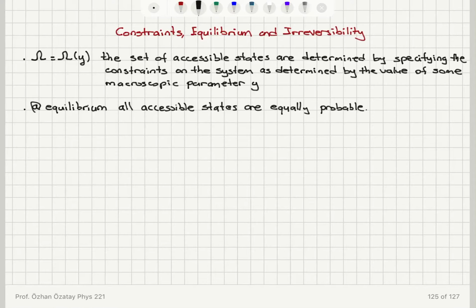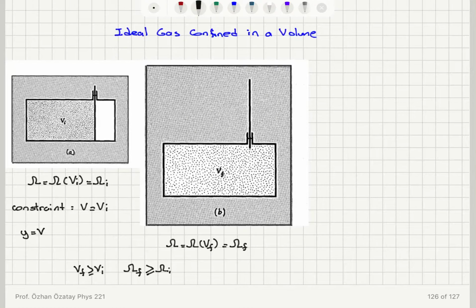Okay, so what does that mean for this example? If you pick one accessible state here, the probability of one accessible state, P1, would be 1 over omega initial.